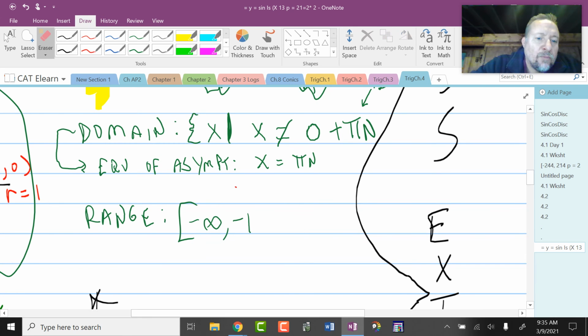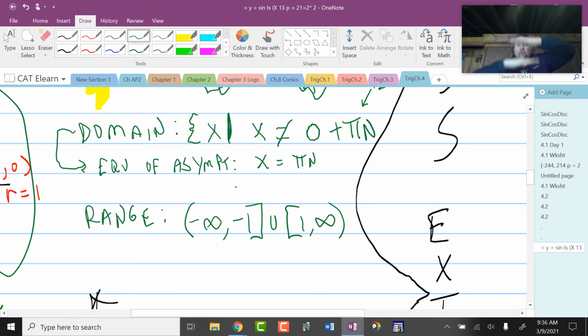Yes, that was a mistake. Anyone that wants to jump on that. That's a parenthesis. This is a bracket. I had bracket on my brain because 1 and -1 are still part of the graph for cosecant, but it's everything else but between. It's everything past that's covered. That's why we write it like that.